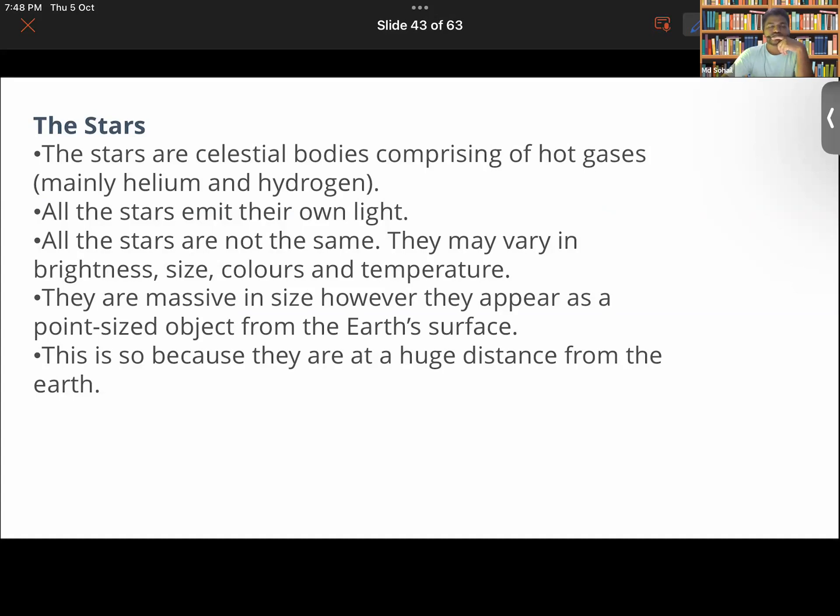But we think that they are very small as they are at a very great distance, millions of light years away. They emit their own light, right? Yes, sir. They are luminous objects. They are also similar to our sun, just very far away. There are stars in our galaxy as well which are far bigger than our sun. Okay, now.